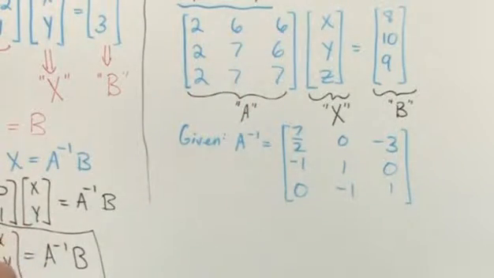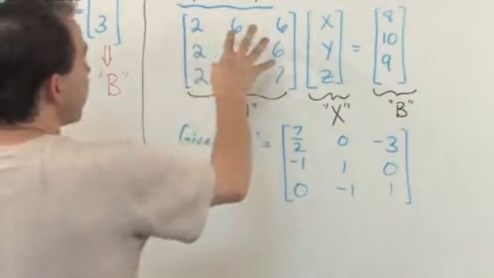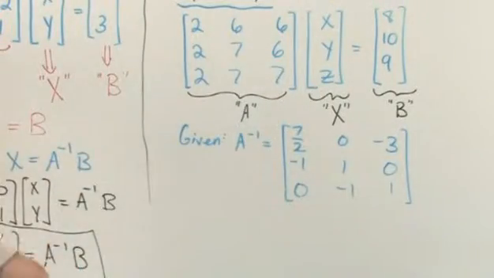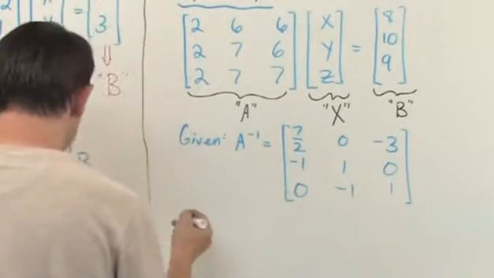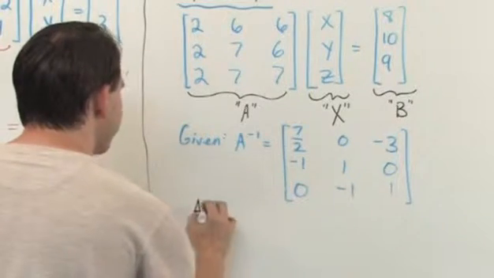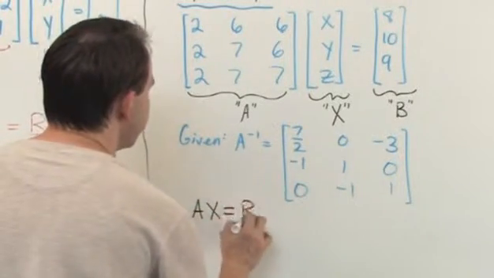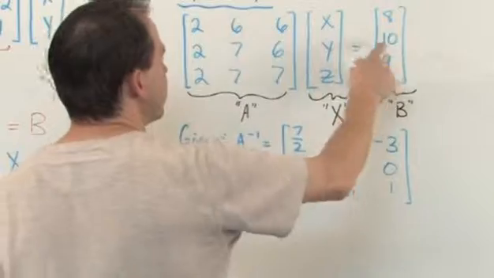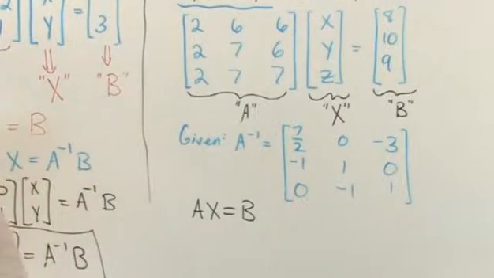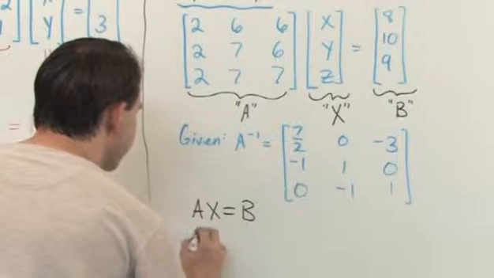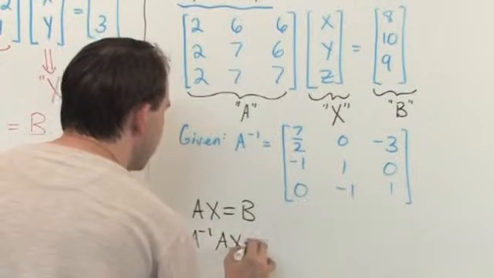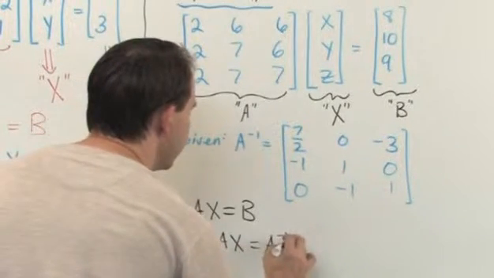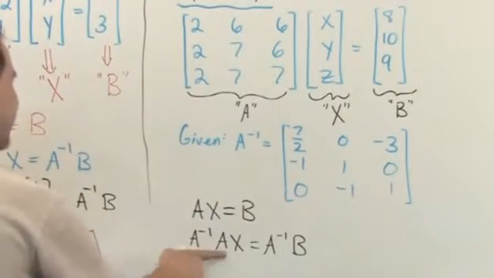Because we have the matrix form of the equation and we're given the inverse like this, all you have to do at that point is realize that the matrix form is AX is equal to B, A times X is equal to B. These are all matrices here. And you can multiply both sides by the inverse of A. And what that's going to do is basically get rid of this.